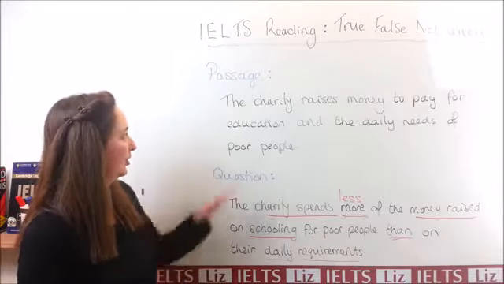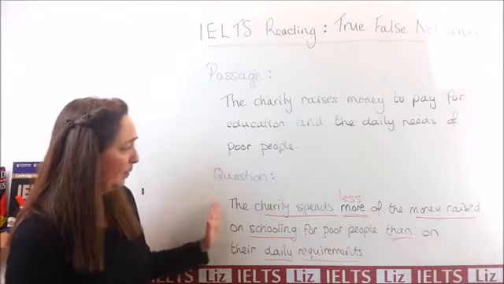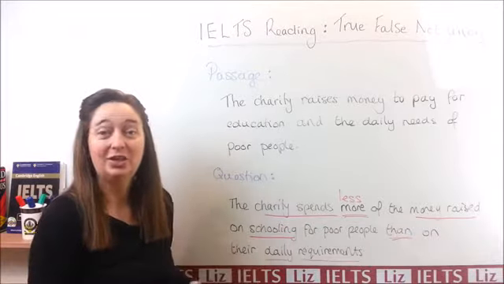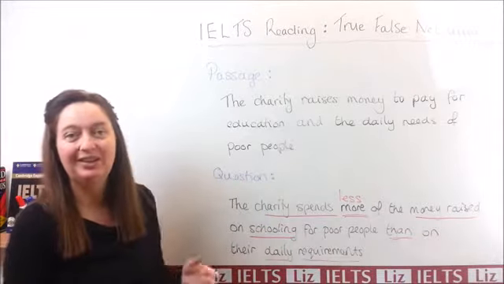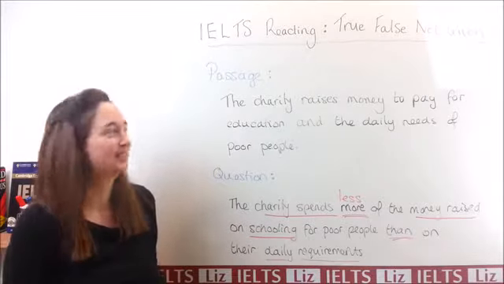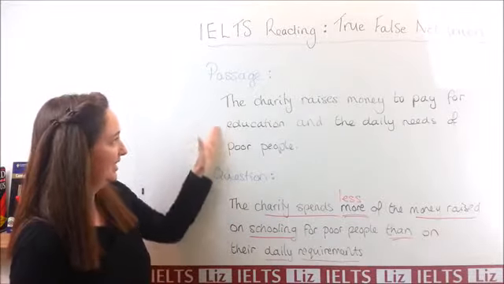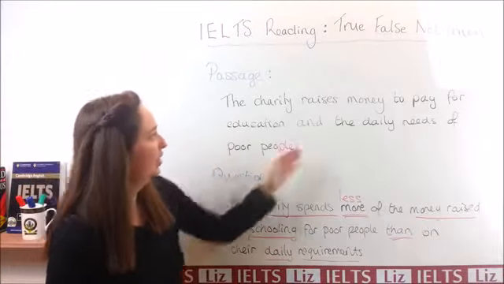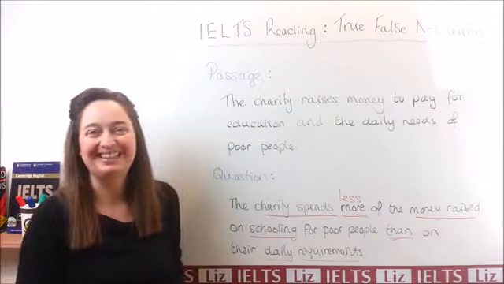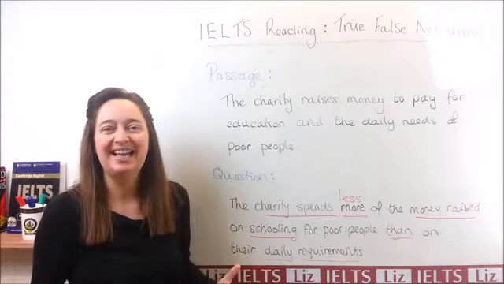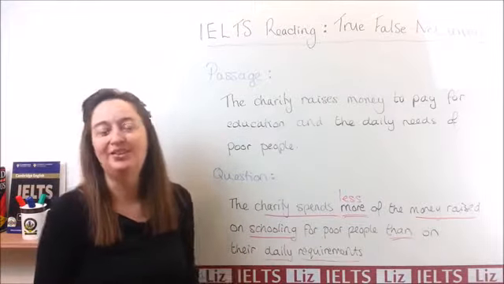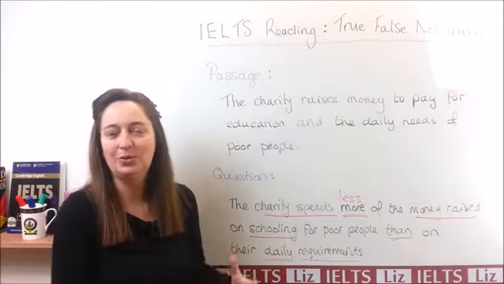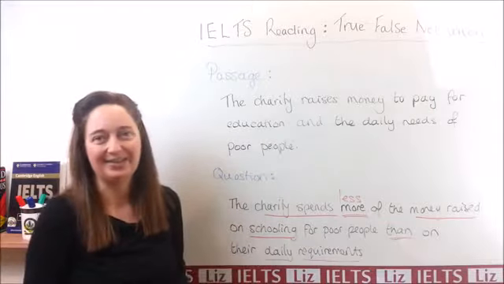That would be the opposite. So now we need to look at the statement. We need to know, does the charity spend more money on education or less money on education compared to daily needs? And if we look at this sentence, we've got information about education. We have information about daily needs, but it doesn't say which one the charity spends most of their money on. Which one is more and which one is less.